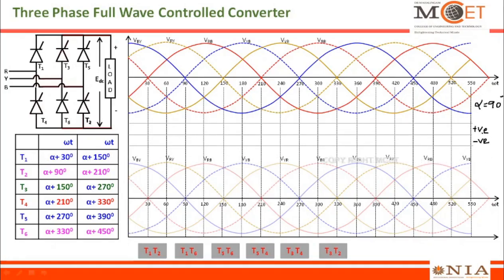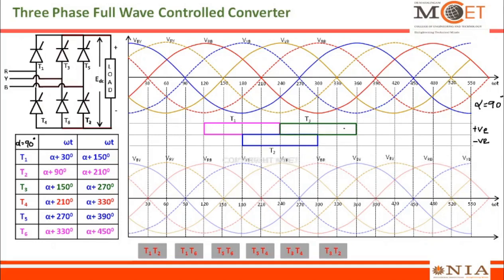This is for the positive half cycle, positive group of SCRs, and this box is for the negative group of SCRs. For alpha equals 90 degrees, T1 will start at 120 and it will end its conduction at 240, which is what is given here. T1 starts from 120 and ends its conduction at 240, and T2 will start at 180 and ends at 300.